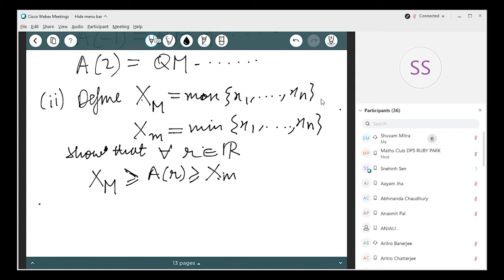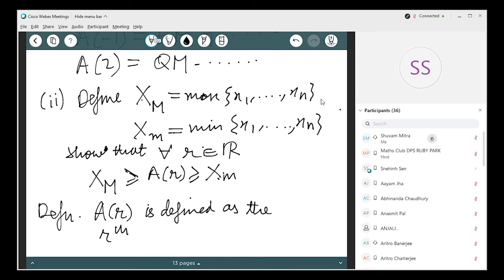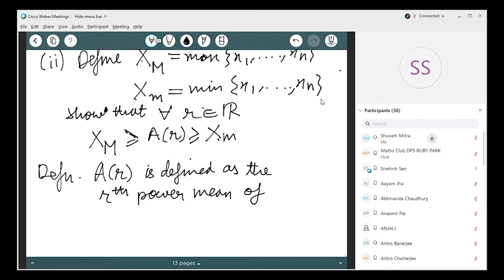It's a definition over here. A_r is defined as the rth power mean of our collection A. Our collection A was basically x1 to xn, in which two elements can be equal and so on.